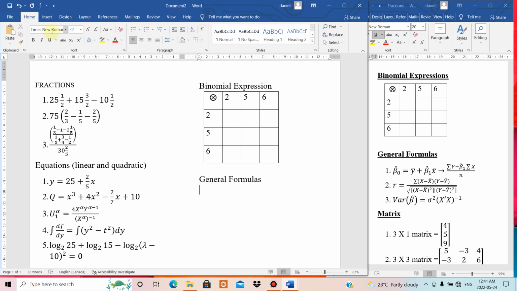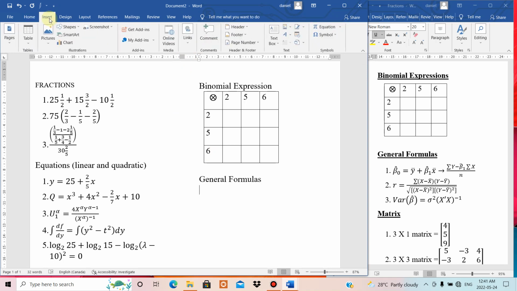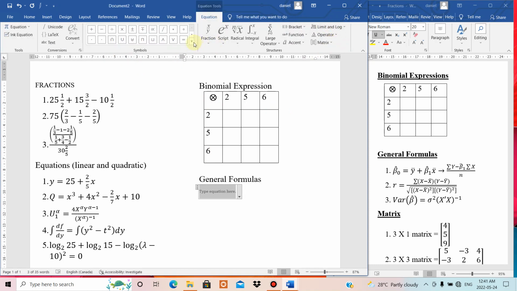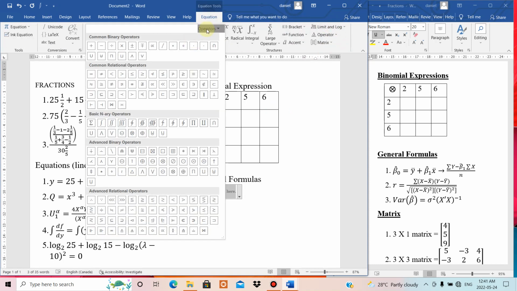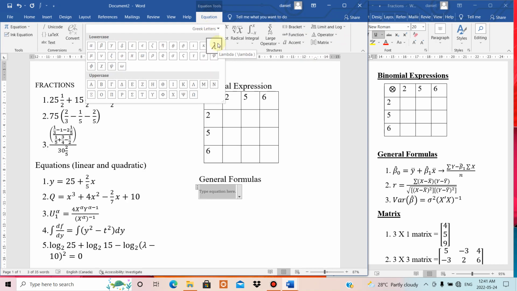So beta is beta hat. It is a Greek letter, and as we can see, it has an accent on it.